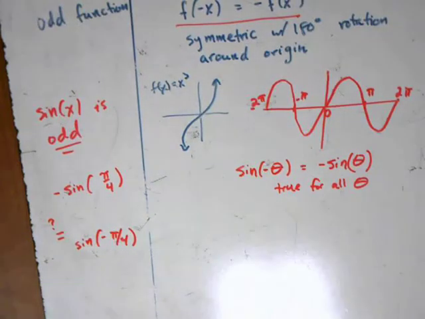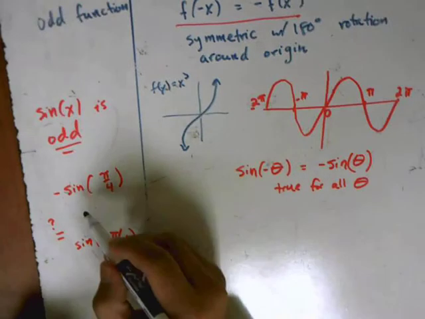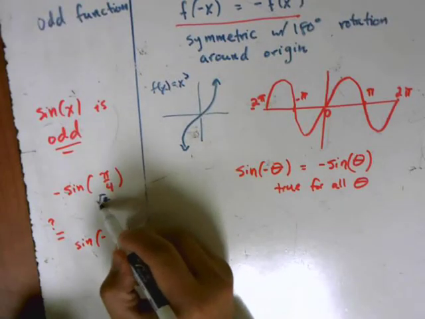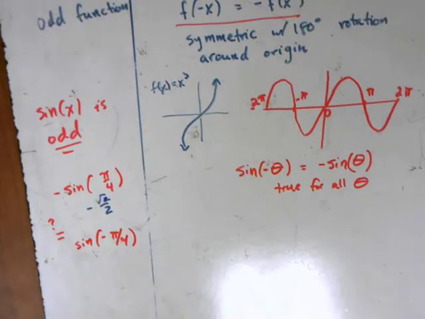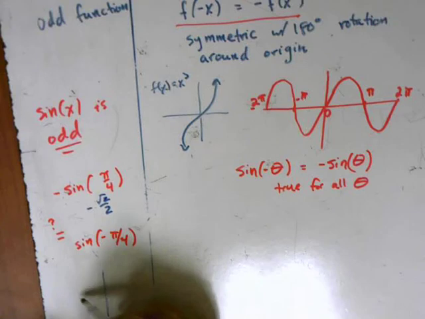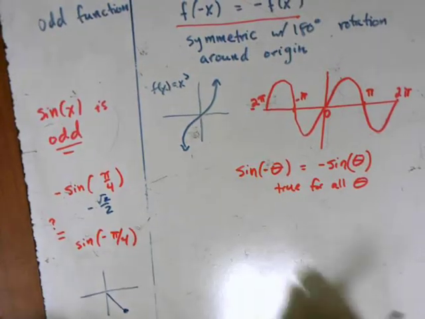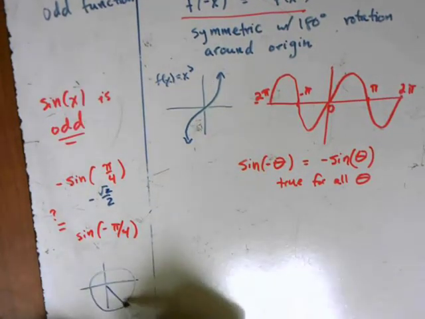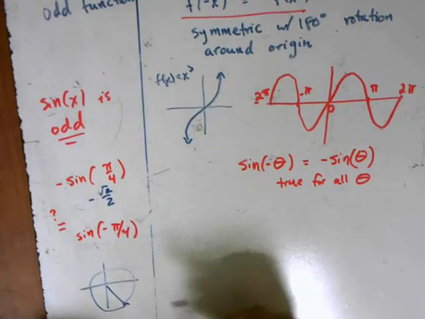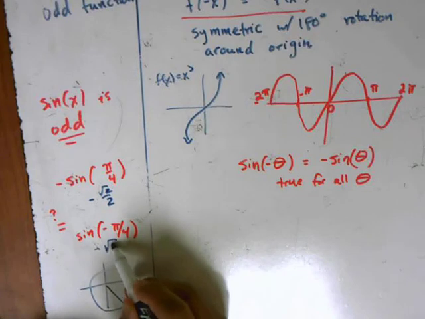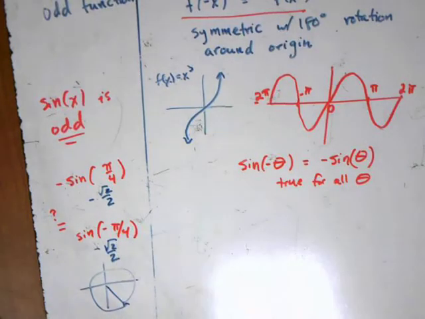Well, sine of pi over 4 is root 2 over 2 with the negative in front of it, and then sine of negative pi over 4, that's down here on the unit circle, in this corner right here. So that is also a negative root 2 over 2. So you can do this with just about any angle, on the unit circle or not on the unit circle, and you can see that this is always true.